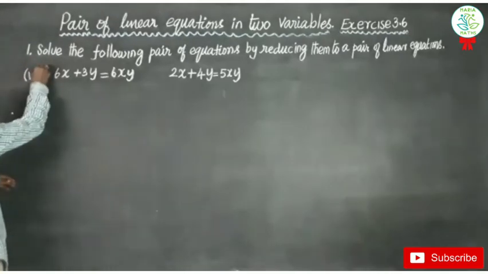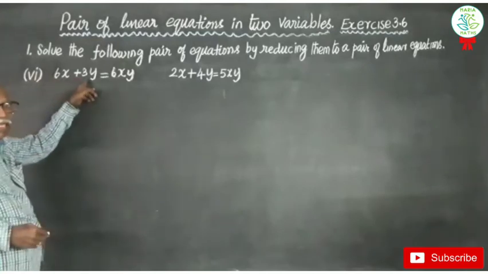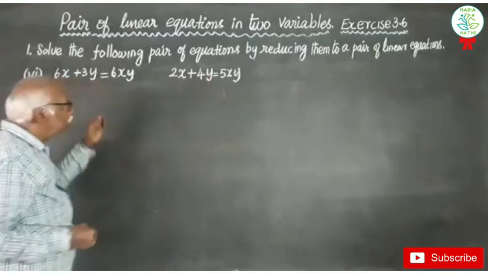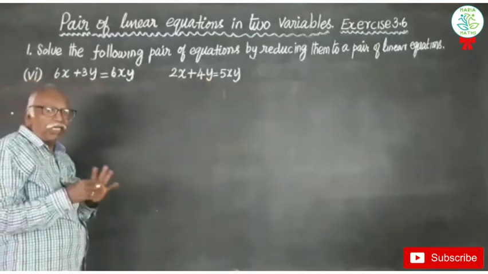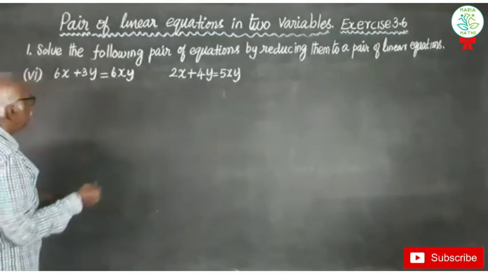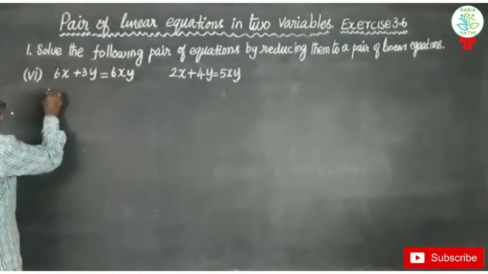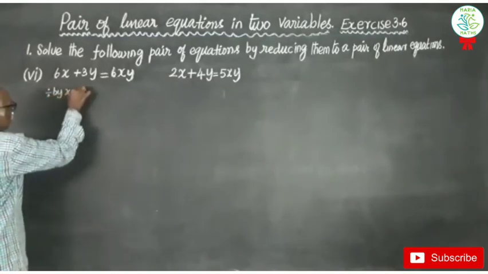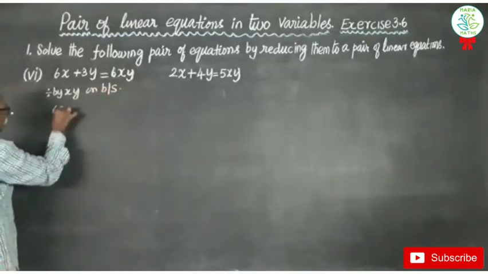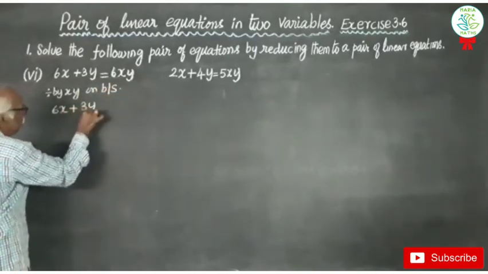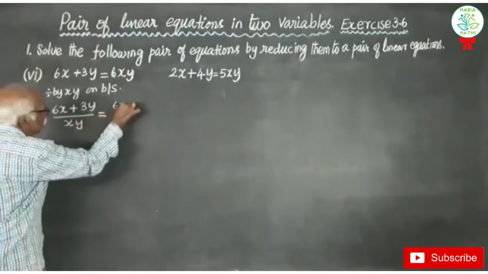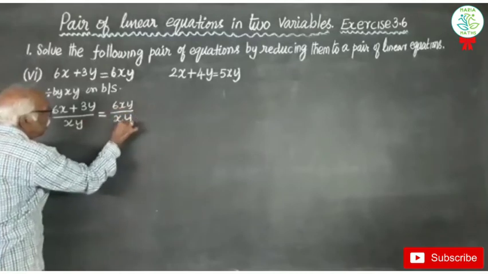Sixth subdivision. 6x plus 3y equal to 6xy, 2x plus 4y equal to 5xy. This is also a pair of equations, not a linear equation in two variables. We have to convert into a linear equation in two variables. Dividing by xy on both sides: (6x plus 3y) by xy equal to 6xy by xy.